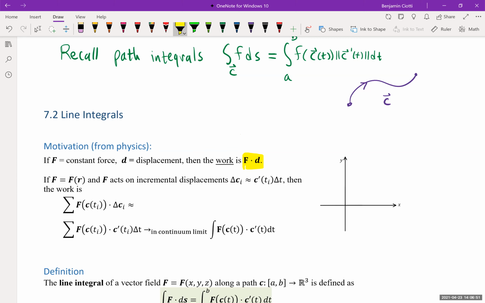So work is like what you do. Let's say if you push a car up a hill, you had to work against gravity. You had to exert force on that car to get it to move. On the other hand, if you walk from one side of your room to the other side of your room, for the duration of that walk, gravity was pulling you straight down, but you were walking perpendicular to the force of gravity.